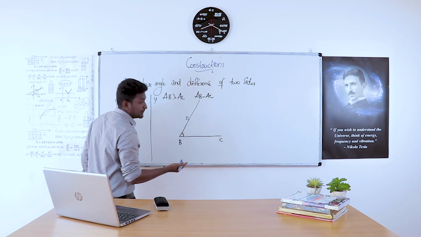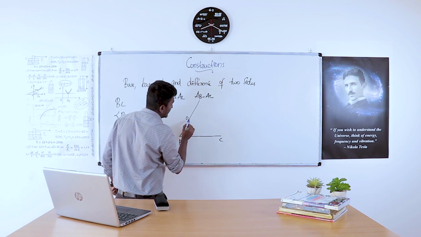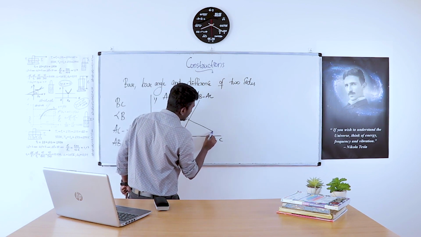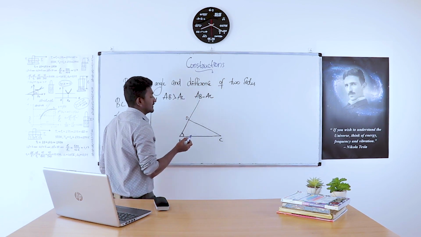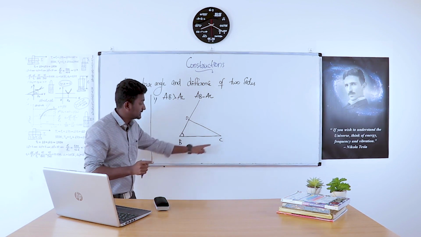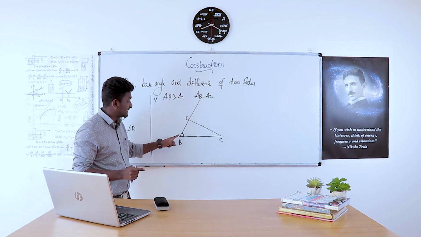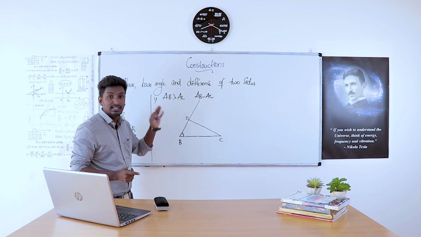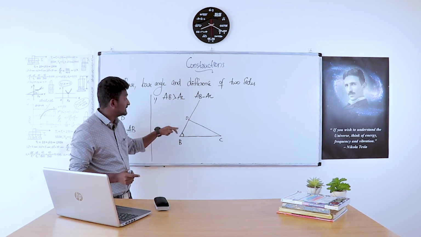Then the fourth step, join CD. So the first step is drawing the base, the second step is drawing the base angle, and the third step is marking AB minus AC on that line segment.